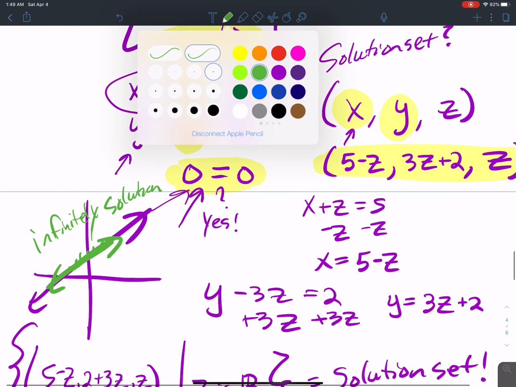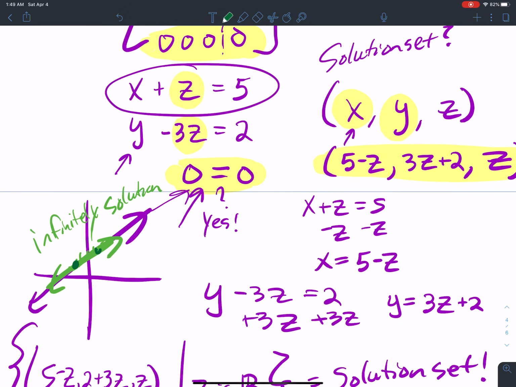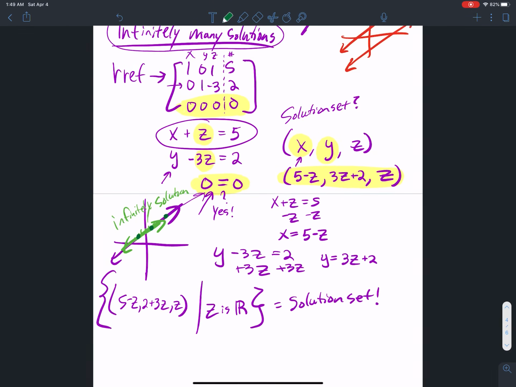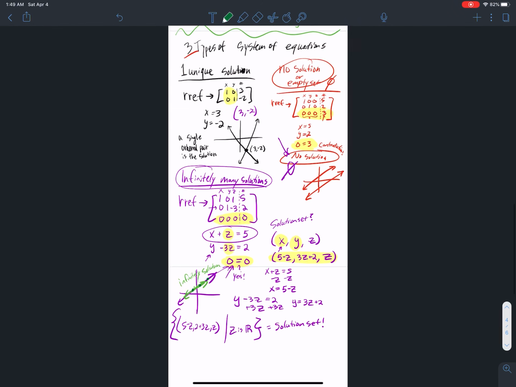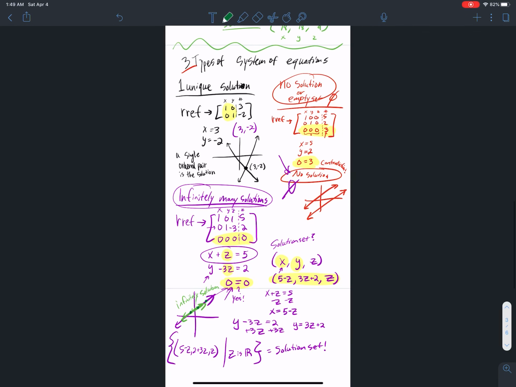All you got to do is just pick any dot you want on the line, and it's on both of them there. Okay, so that would be an example in 2 space. All right, so 3 different scenarios going on. You can either have one unique solution, no solution, or infinitely many solutions. Okay, guys, it's been fun.